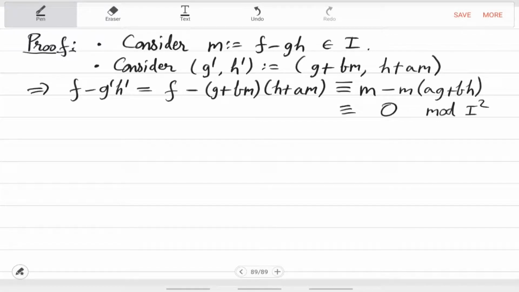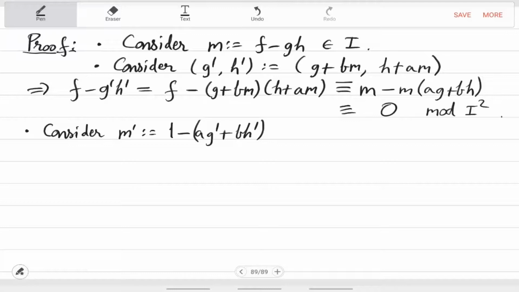So we have to give a prime, b prime. Yeah, so that again you can reverse engineer. I'll just give you the expression. So now you consider m prime to be 1 minus ag prime plus bh prime. So this m prime is also in I. Do you see this?